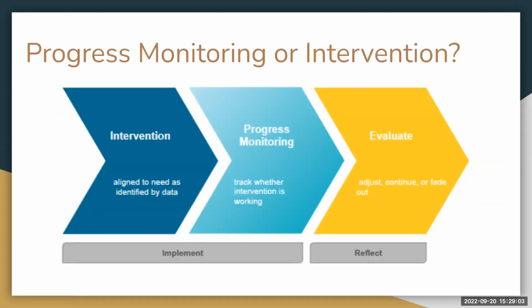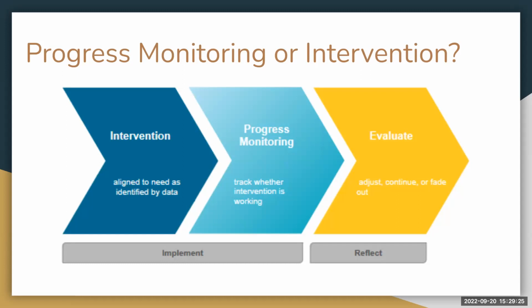Thinking about progress monitoring and intervention, and where MAP testing would fit into this cycle. If we think about progress monitoring, we know a student has a skill that needs improvement, and progress monitoring would be continually working on that specific skill, okay?